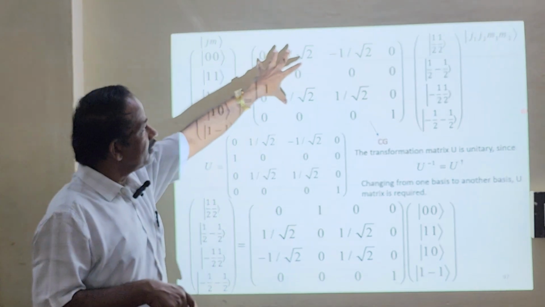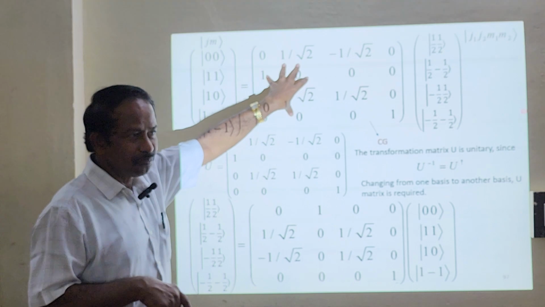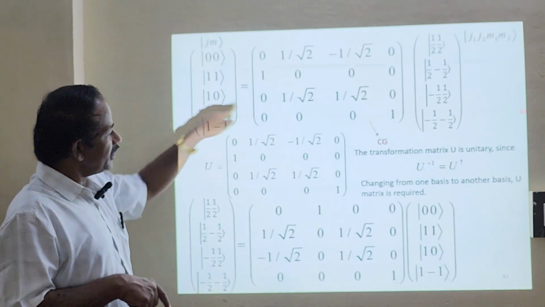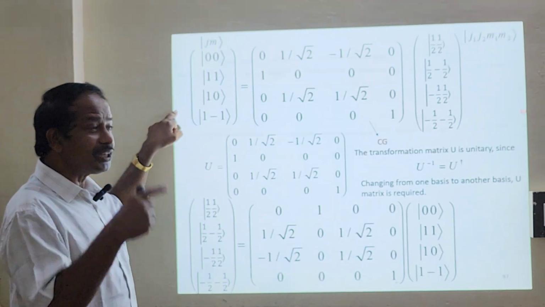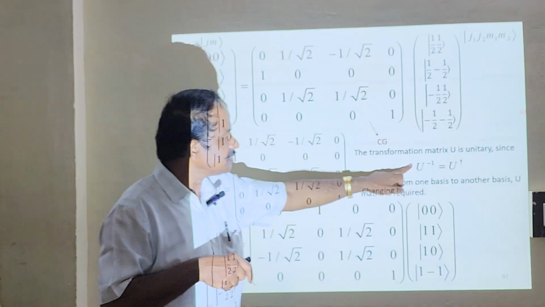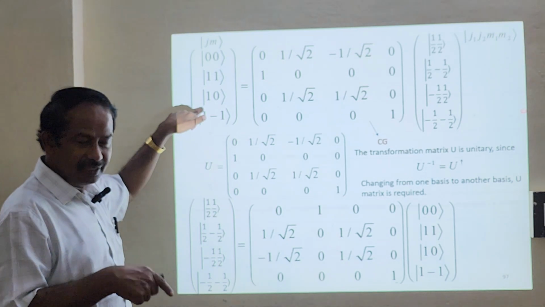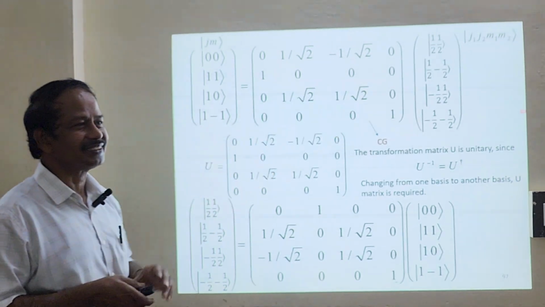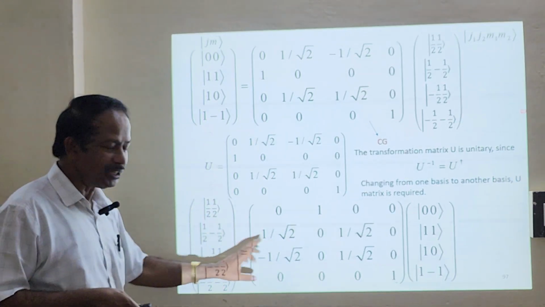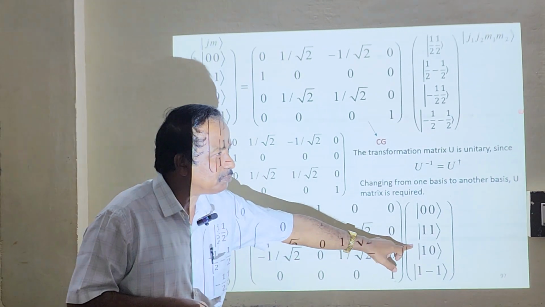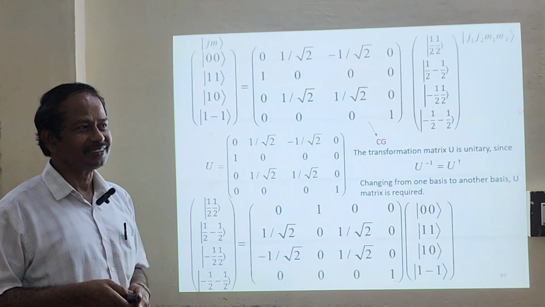I repeat, this is your U. Suppose I bring U here to the left hand side, this will become U inverse. U inverse is nothing but U dagger. Just U dagger multiplied by this coupled one will give you the uncoupled basis. So the uncoupled basis will be U dagger multiplied by the coupled basis.